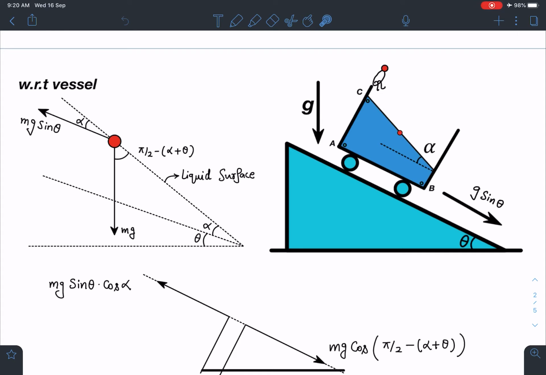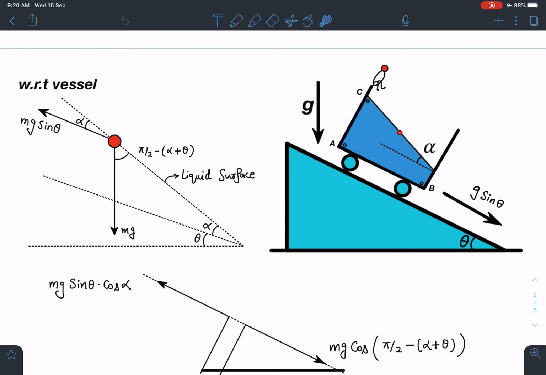Pseudo force will come because this vessel is moving with acceleration of g sine theta. So the corresponding pseudo force will be mg sine theta in the opposite direction, and this angle will be alpha. So as this angle is alpha plus theta, I can say this angle is going to be pi by 2 minus alpha plus theta. There are only these two forces which are acting on this liquid molecule.